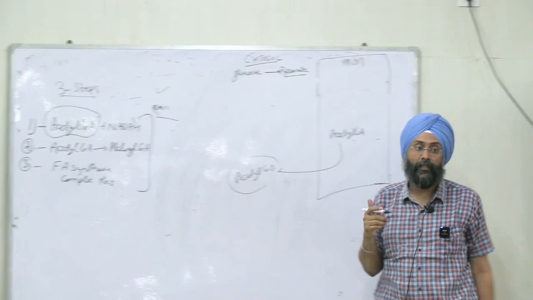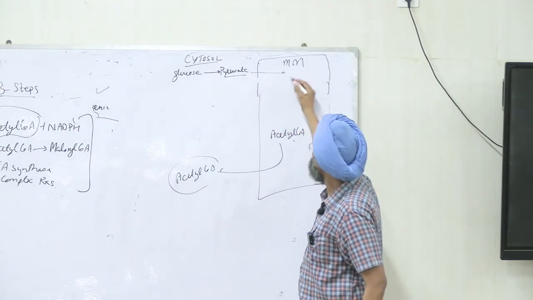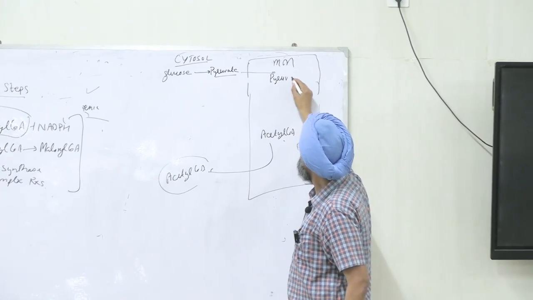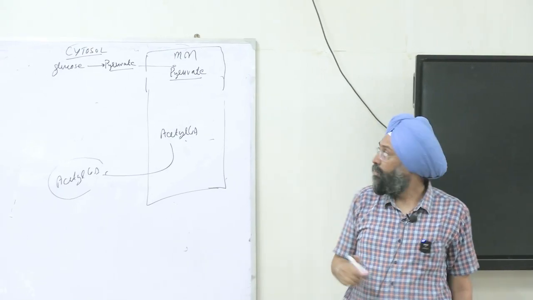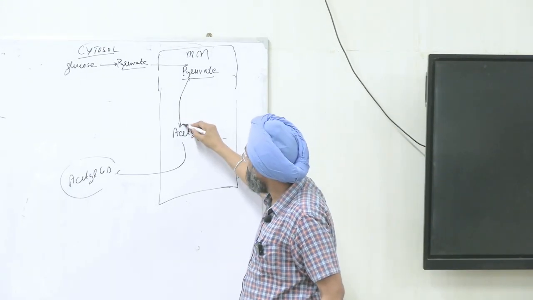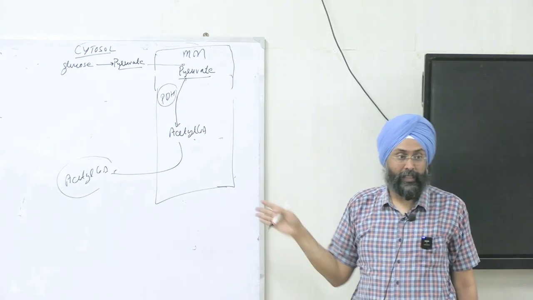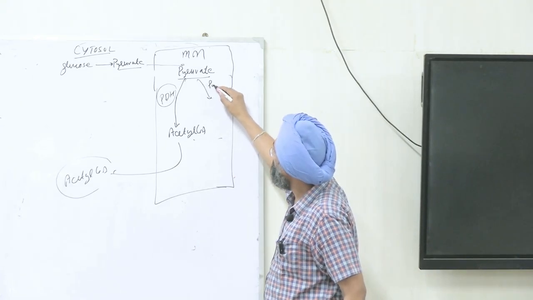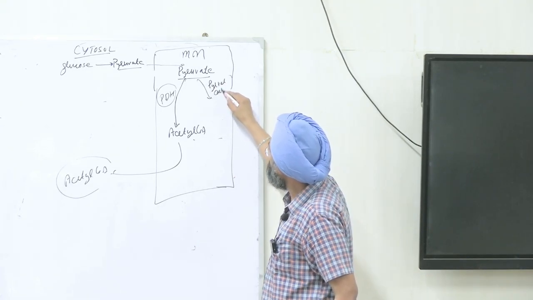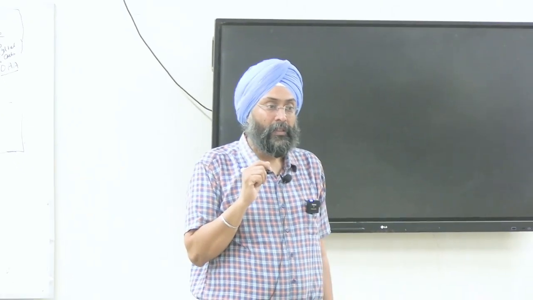Tell me the reactions in which glucose is converted to pyruvate. Glycolysis is there. This pyruvate will enter here. Pyruvate can enter the matrix, right? Pyruvate will form this acetyl-CoA via pyruvate dehydrogenase reaction, right? We discussed this reaction, right? And pyruvate via pyruvate carboxylase will form oxaloacetate. Oxaloacetate is the second last step of TCA, hope you remember, right?